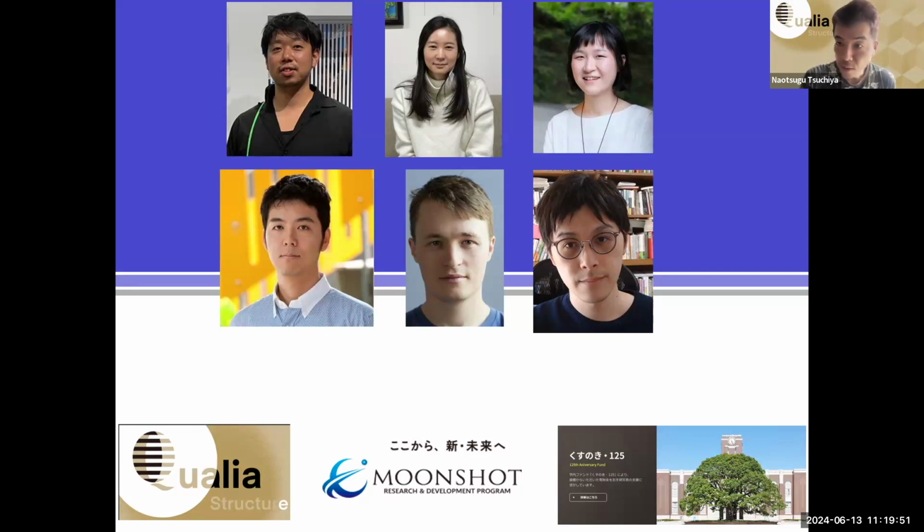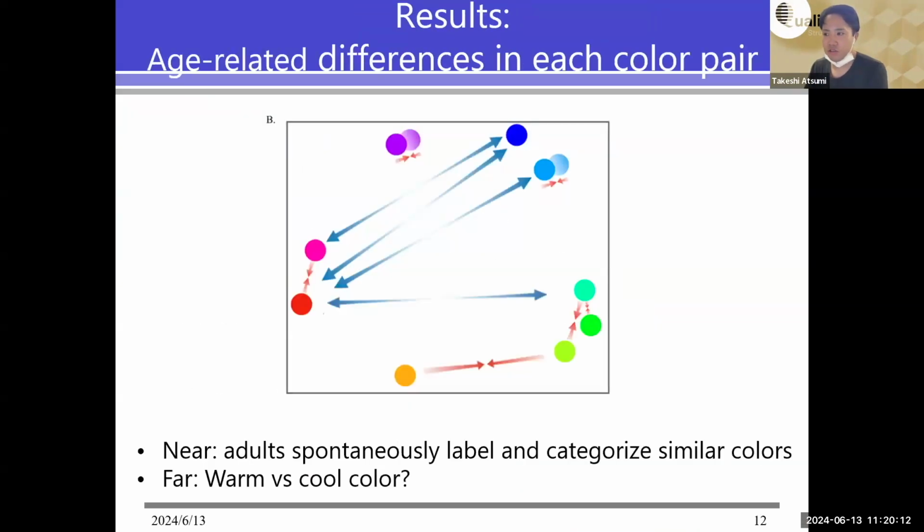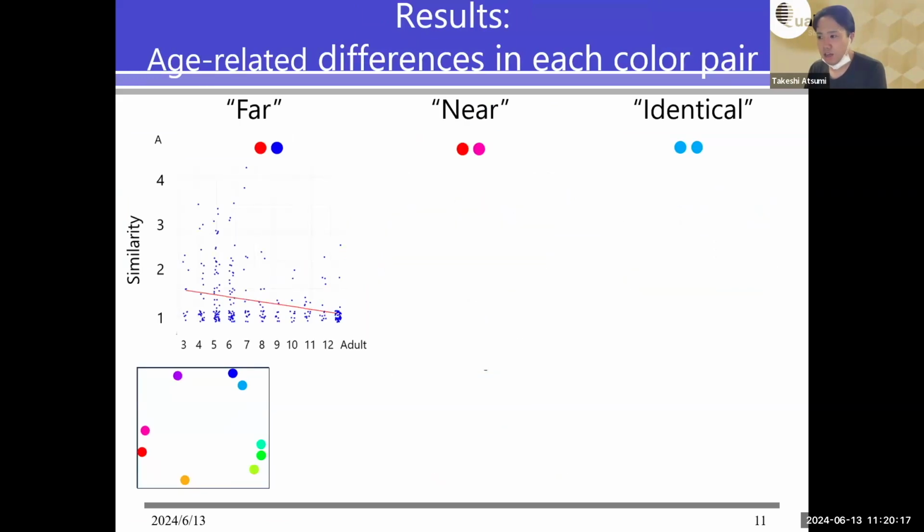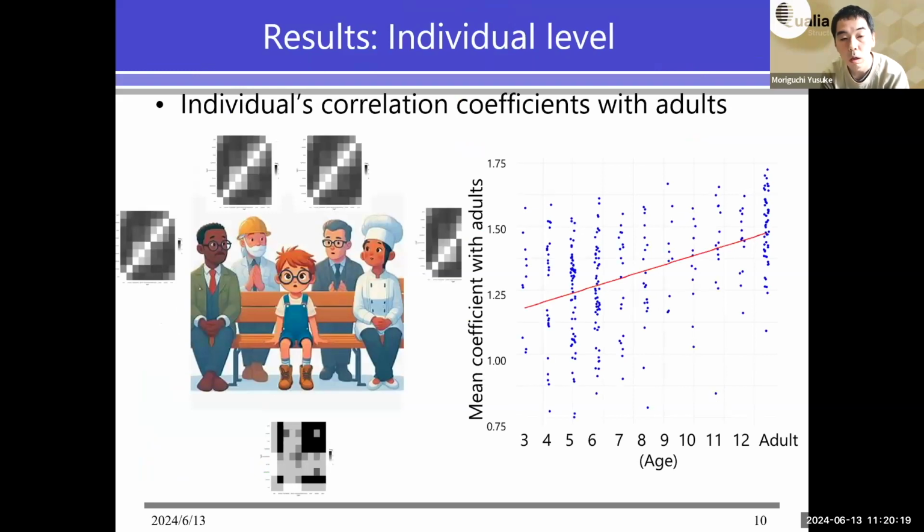Okay, already we have a question. Atsumi-san, go ahead. Yes, thank you very much for your nice talk. I'm interested in the result of individual difference in each age group, so I focused on the result in the next slide, please.